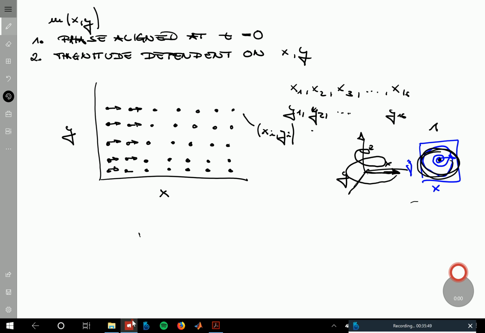The dependency on xy means that both the length and the orientation of these arrows can change. We assume that at time 0 they are all in phase, so they are all pointing in the same direction, but they can be of different amplitudes.